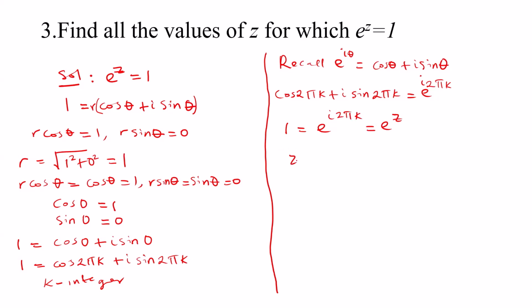Then this gives us that z is equal to i 2 pi k, for k ranging over 0, 1, plus or minus 1, plus or minus 2, and so on. And that is the final expression: z equals i 2 pi k.